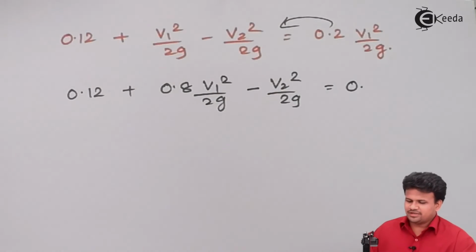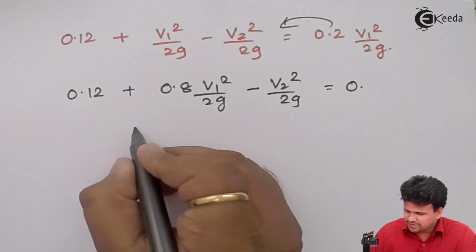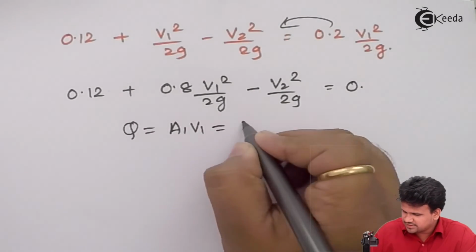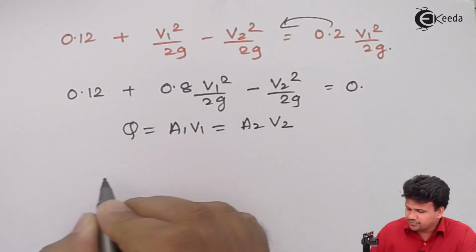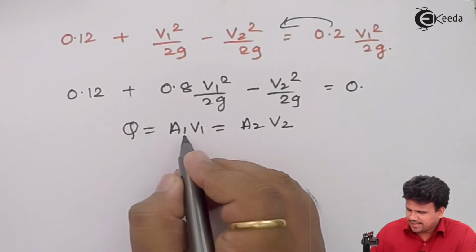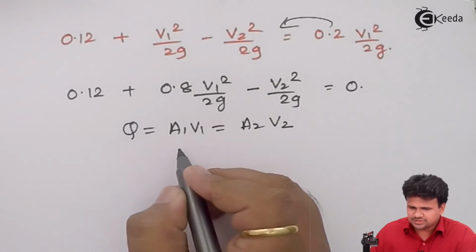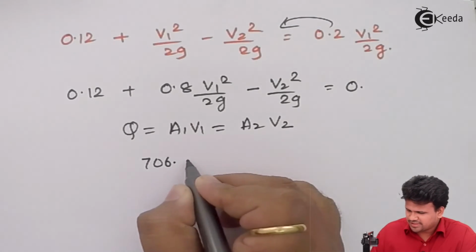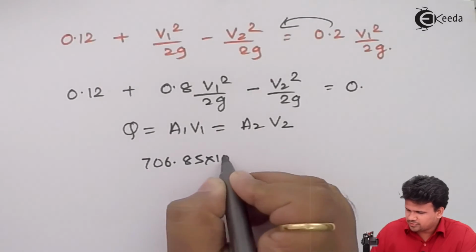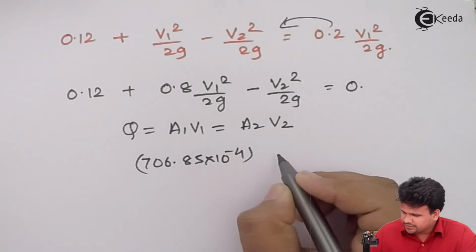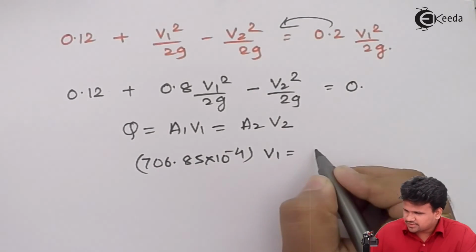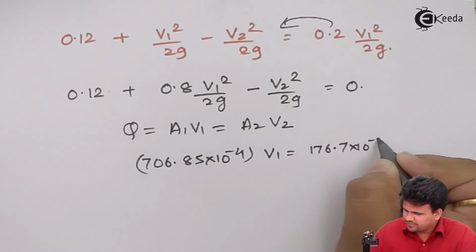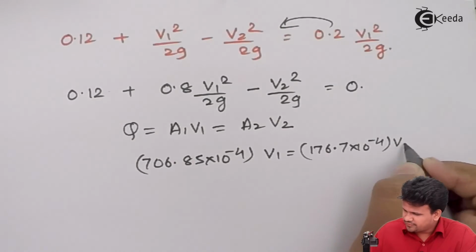To calculate the relationship between V1 and V2, we'll use the continuity equation: Q is equal to A1 V1 is equal to A2 V2. The area A1 we first evaluated, that is 706.85 into 10 to the power minus 4 into V1, is equal to 176.7 into 10 to the power minus 4 into V2.